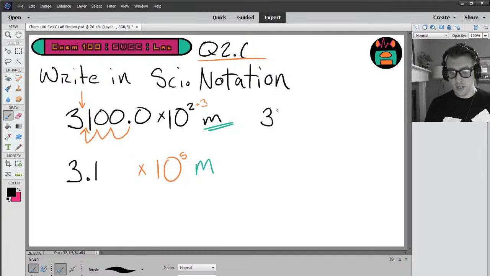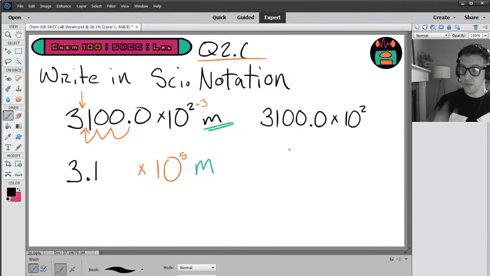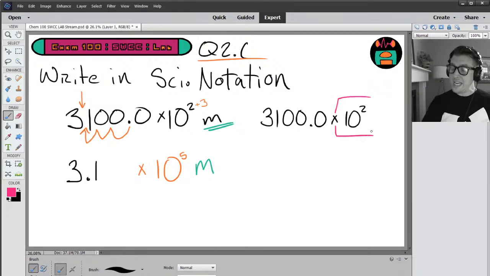And if you look at 3,100.0 times 10 to the second, for significant digits, you do not count the times 10 to the second. That will not add any significant digits to the number. We count every non-zero digit, so 3 and 1 are significant. If you have a 0 that is both to the right of the decimal and at the end of the number, that 0 is significant.